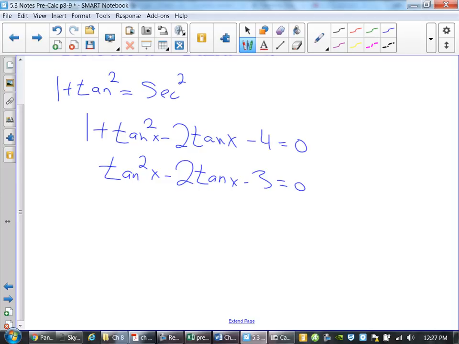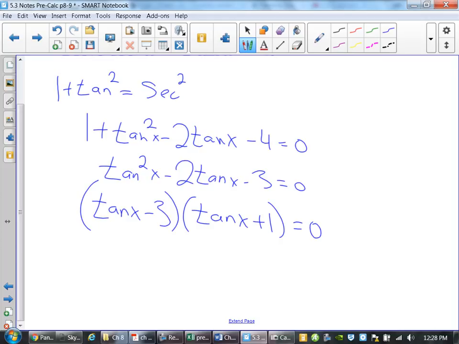Because now you're at a problem where it's x squared, x, and a constant. Good. So you wind up with tangent of x minus 3 and tangent x plus 1 is 0. You okay with that? Via factoring?